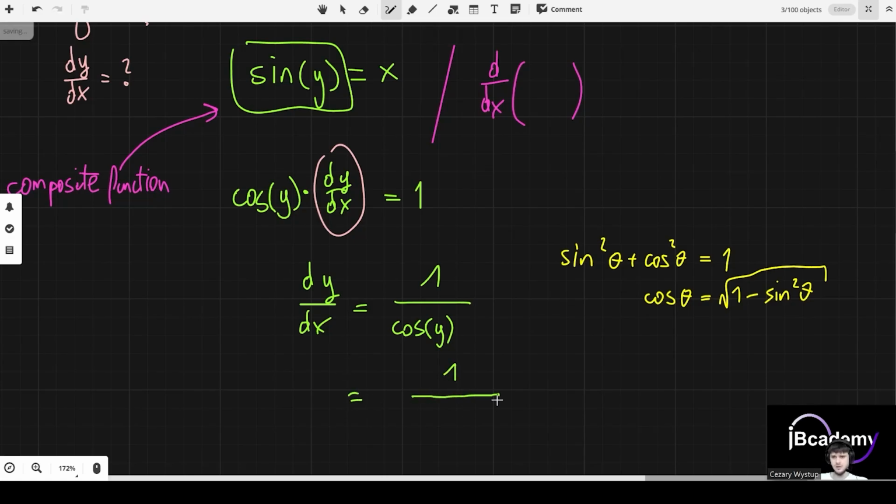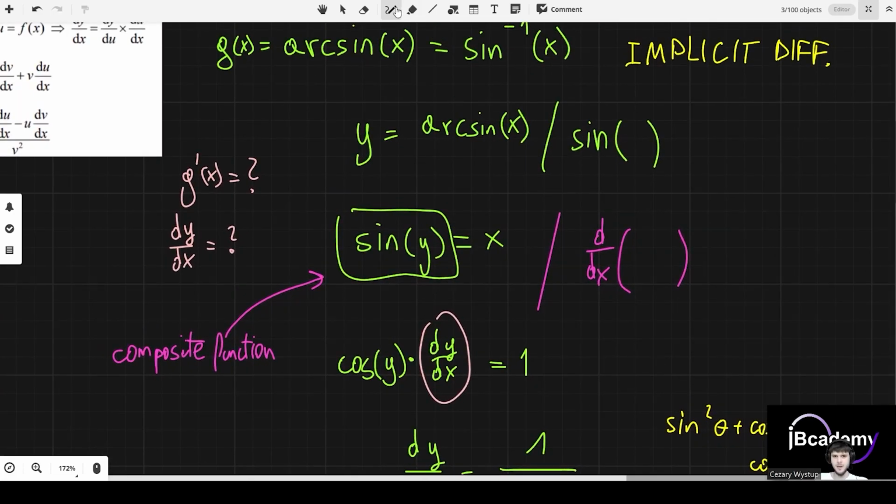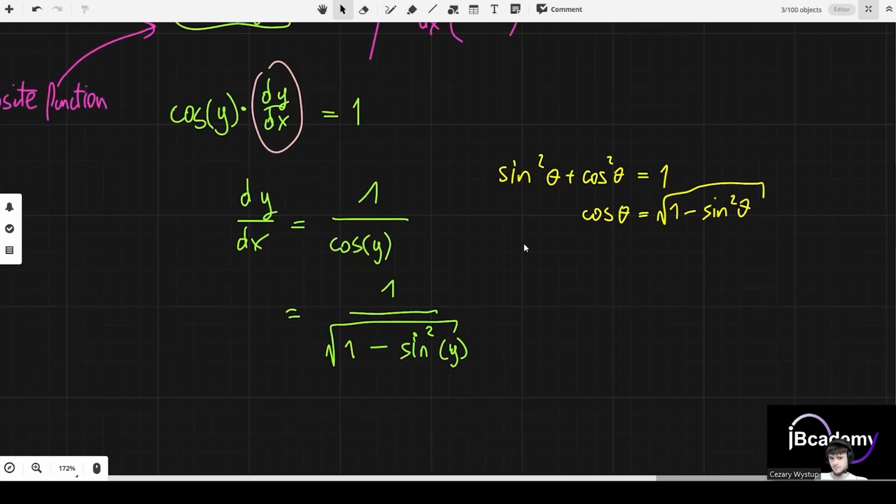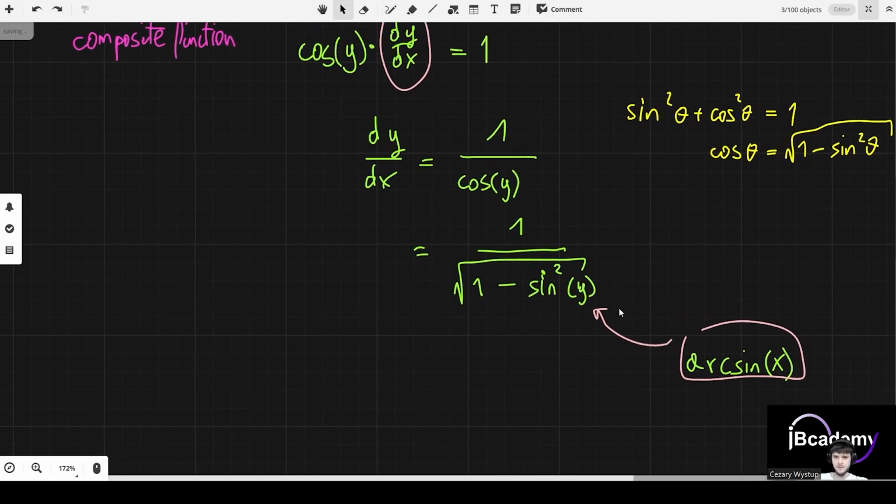So instead of cosine of y, I can write square root of 1 minus sine squared of y. And this is very good because now I'm going to be plugging in this thing into here because that's what y is originally.